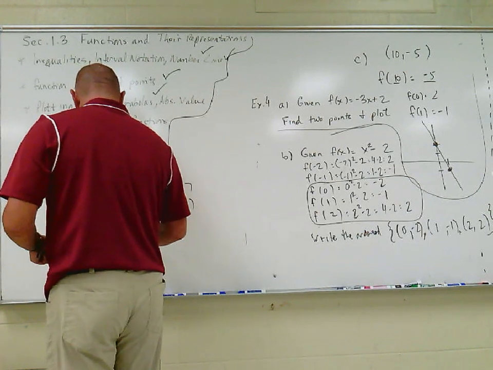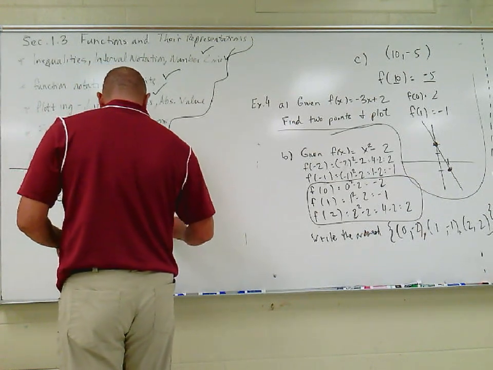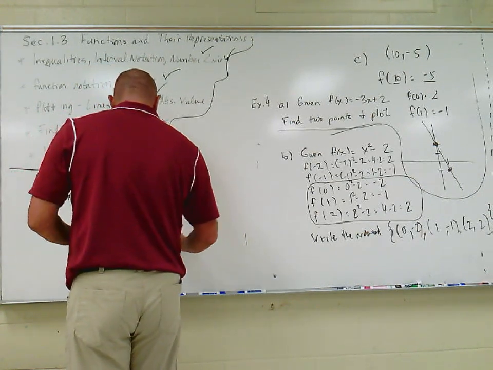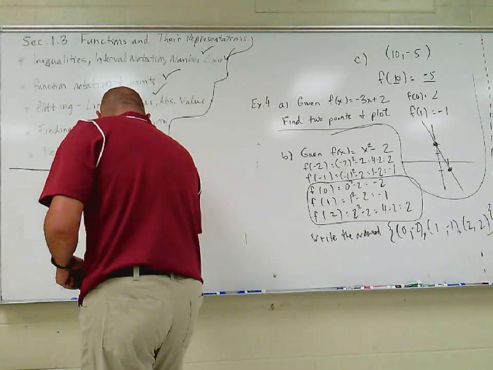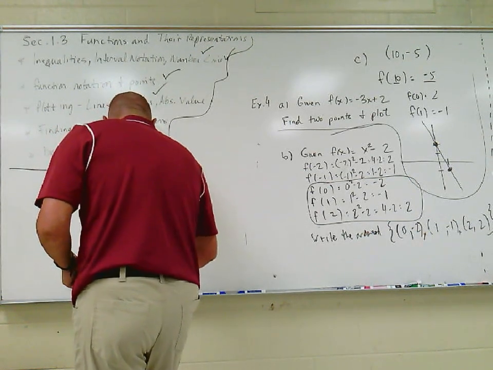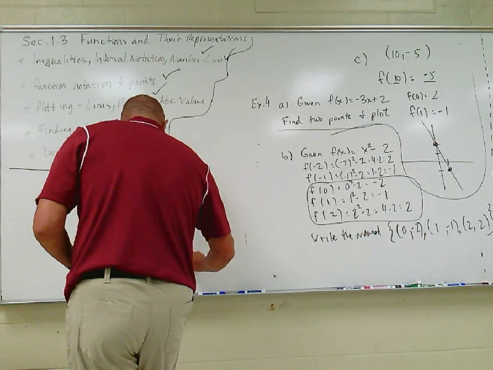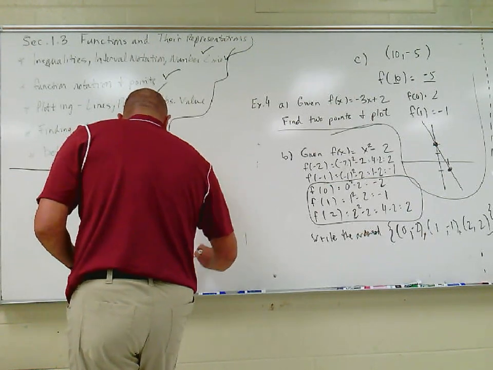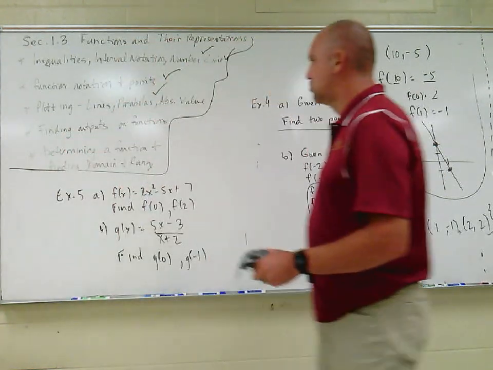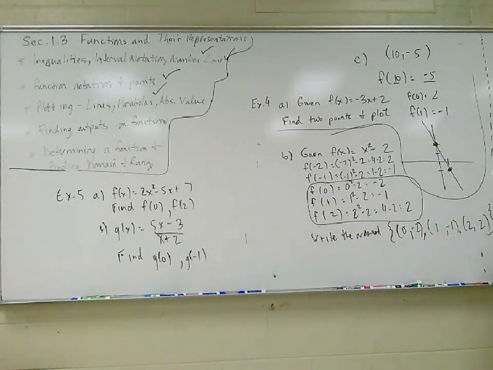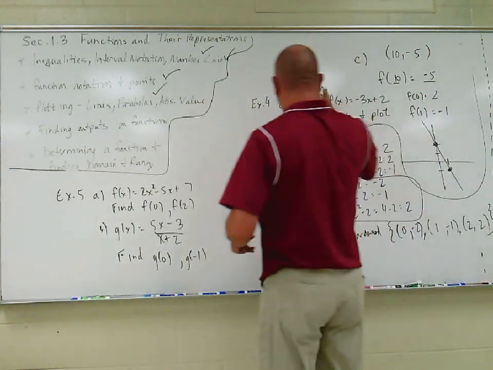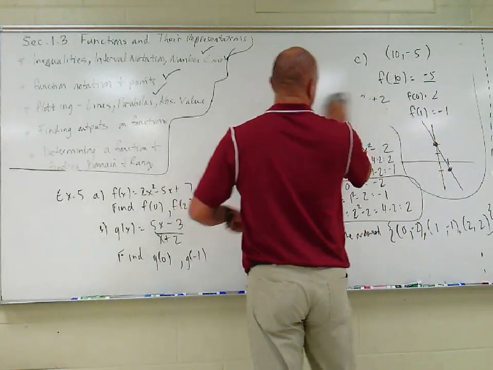Part B, g of x is 5x minus 3 over x plus 2. Find g of 0 and g of -1. All right, so for those, I've given you a little bit more of a more complex function. Find those answers there. F of 0, f of 2 on the first one, g of 0, g of -1 on the second one.